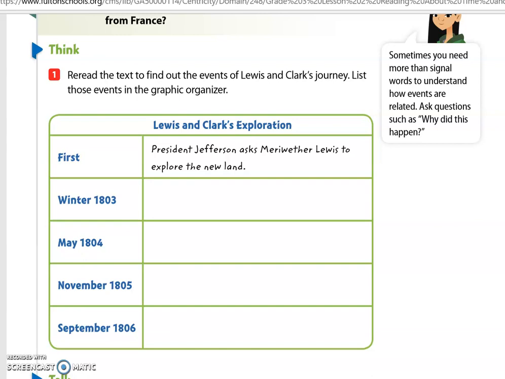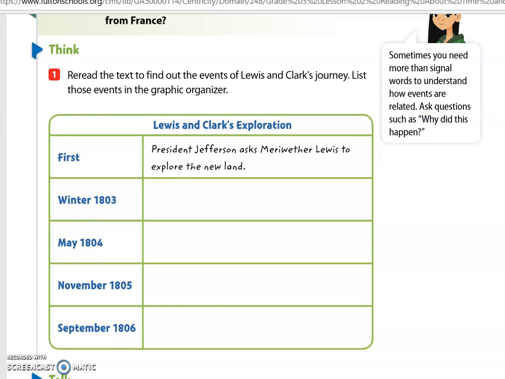Let's take a look at November 1805. If you look in paragraph 4, you see that Lewis and Clark reached the Pacific Ocean. Lastly, look at September 1806.